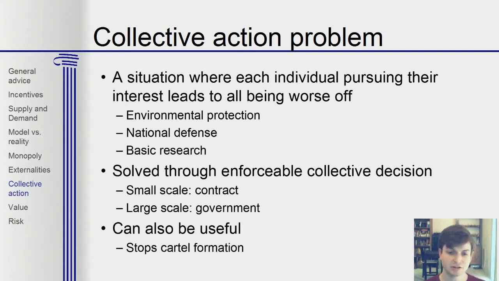But it's in each of their interest to violate that agreement and produce a little bit extra anyway. And this collective action problem can prevent cartels from forming. So we don't always want to allow, say, the government to solve collective action problems. Sometimes we want to leave them in place, but they're a common phenomenon. This comes up all over the place and should be a concept you're familiar with.